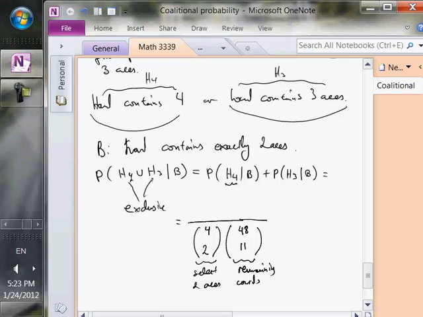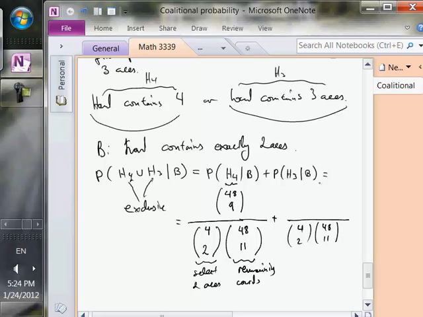How many ways can you choose the remaining 9 cards? Out of the 48, correct? So it's 48 choose 9 for the first. What would be the second one? 4 choose 2, 48 choose 11.